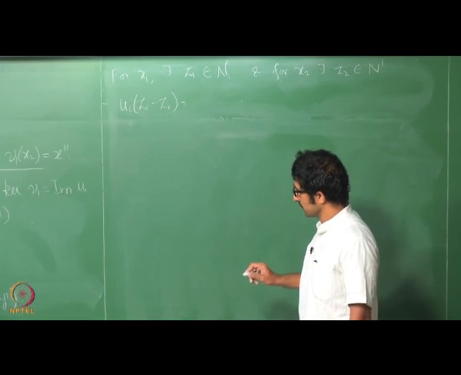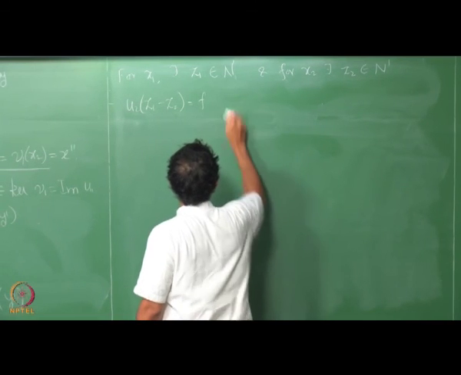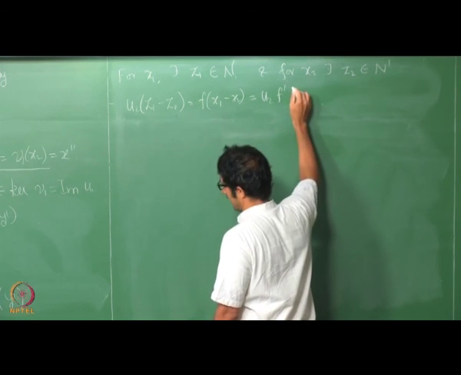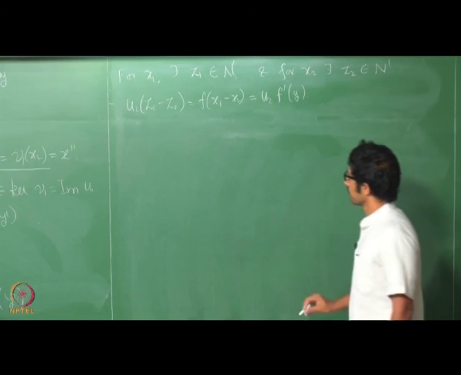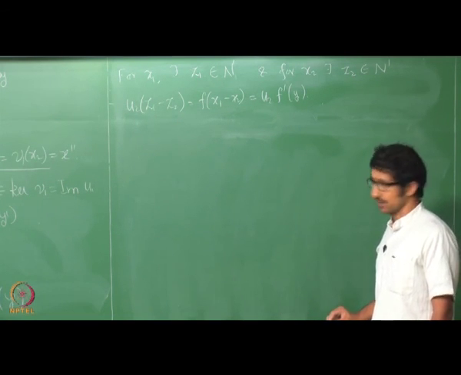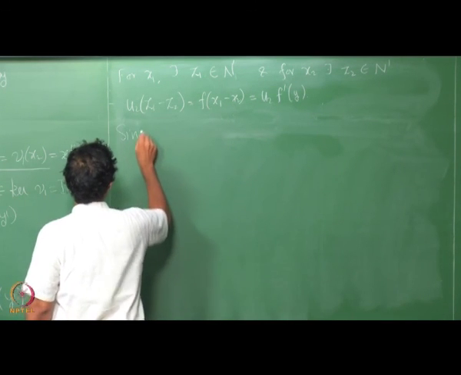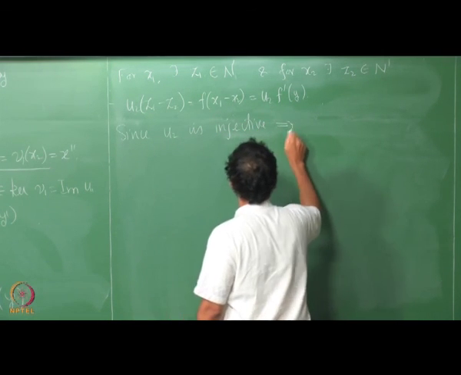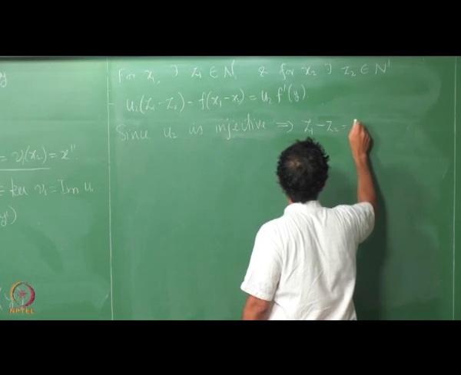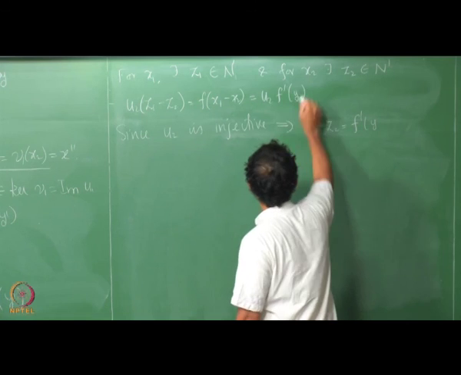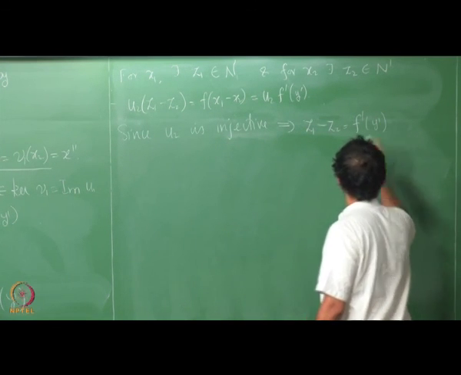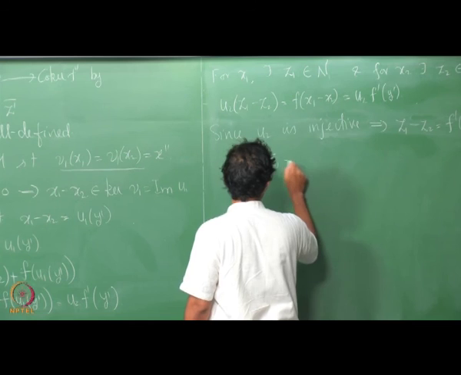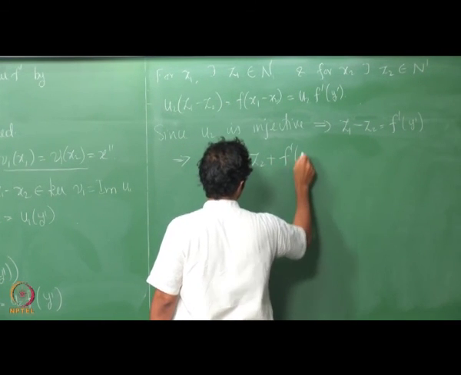This is equal to f of x1 minus x2, which is equal to U2 of f prime of y prime. But now U2 is injective, so that implies that z1 minus z2 is equal to f prime of y prime, that says z1 is the same as z2 plus f prime of y prime.